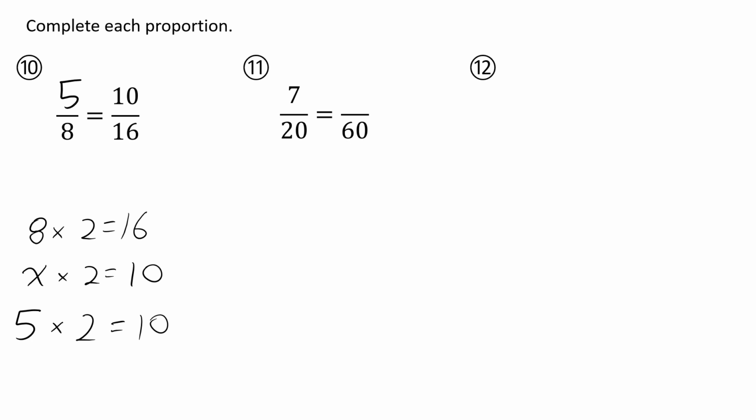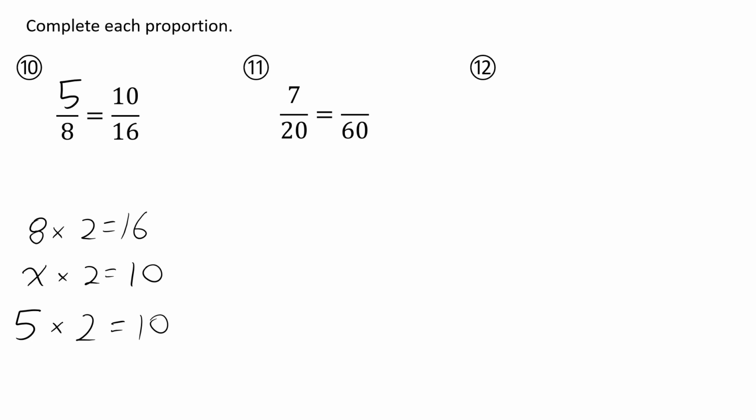Same thing with number 11, right? A lot of you could just take a look at this question and say, oh, I know the answer, right? But we got to compare the ratio 7 over 20 to the ratio blank over 60. Again, when I think of the word ratio, think fraction. The ratio 7 over 20 is the fraction 7 over 20.